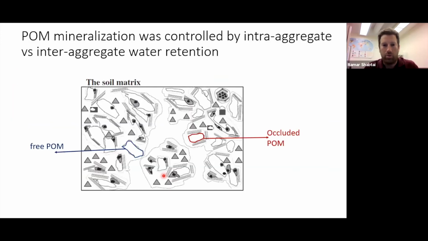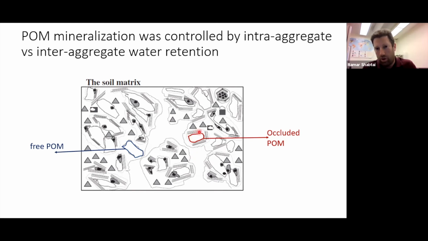And to try to explain that, we can look at this scheme of the soil matrix, and let's imagine for a second that this is a free POM particle that is in the interaggregate space, not confined by clay minerals. The pore size diameter in these spaces is usually quite large, and under a low water content treatment, the water here will mostly be drained away, and there will likely not be enough water to enable good decomposition of FPOM, which is why its decomposition is favored at high water content.